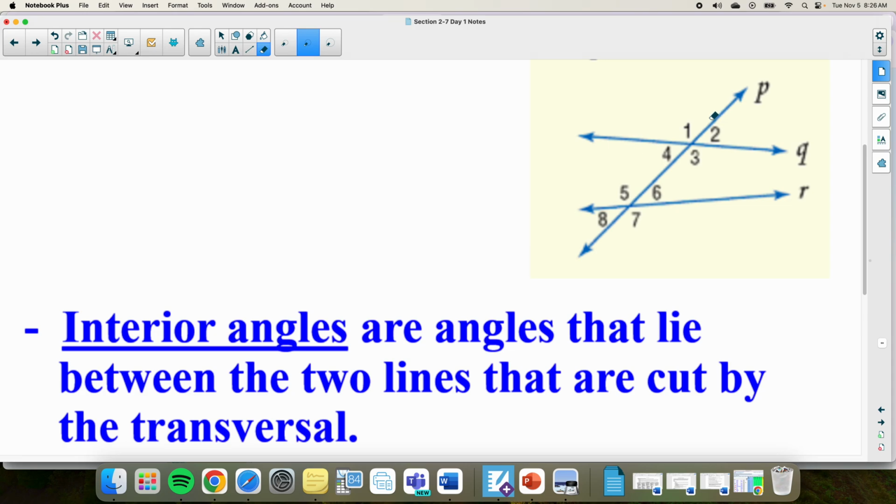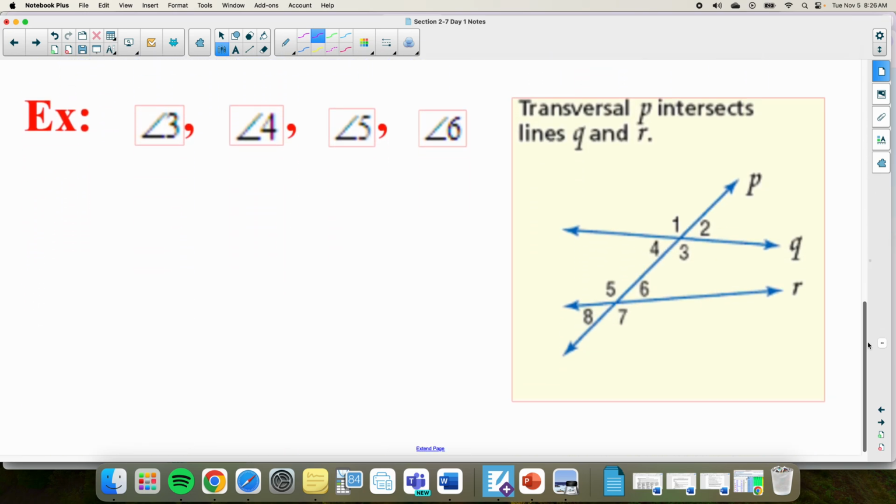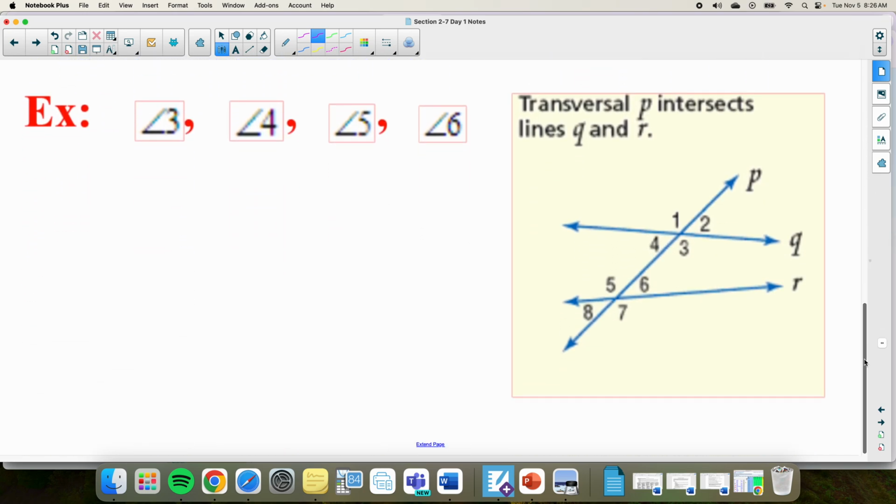So you're going to choose the angles that are outside of the 2 lines here. And 1, 2, 8, and 7, can you guys see how they're outside of these 2 lines? They're above and below them, okay? Then we're also going to talk about interior angles, okay? That's going to be these and these, okay? They're inside of these 2 lines, okay?